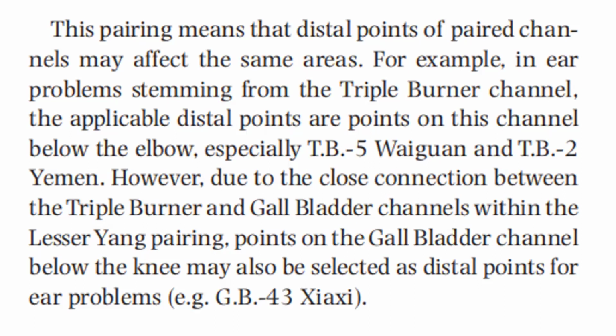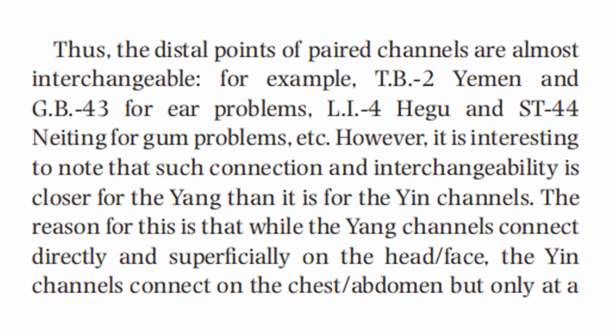However, due to the close connection between the triple burner and gallbladder channel within the lesser yang pairing, points on the gallbladder channel below the knee may also be selected as distal points for the ear problem, for example GB43. Thus, the distal points of paired channels are almost interchangeable. For example, TB2 and GB43 for ear problems, LI4 and stomach 44 for gum problems.